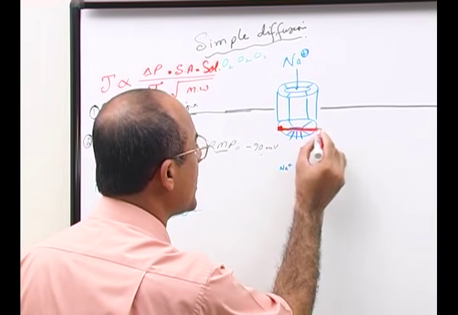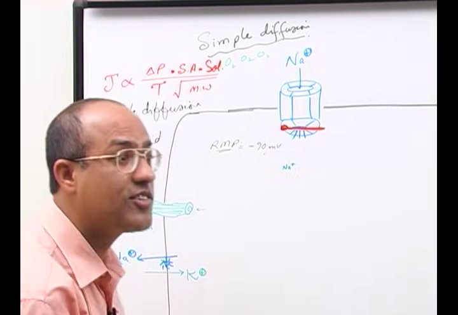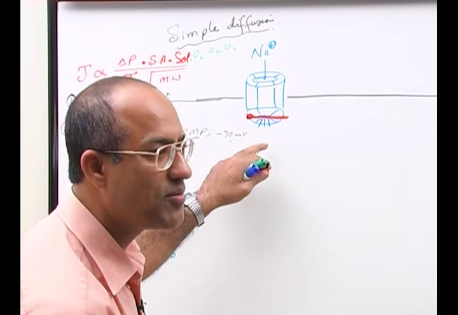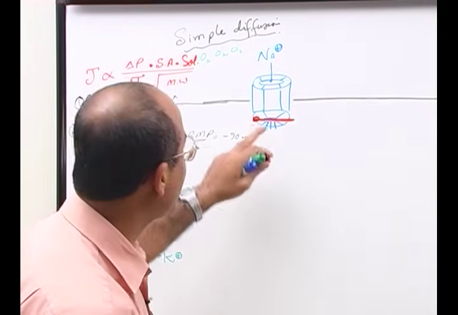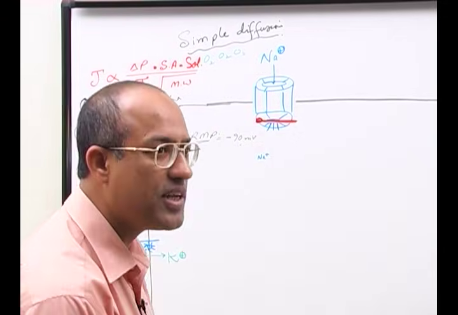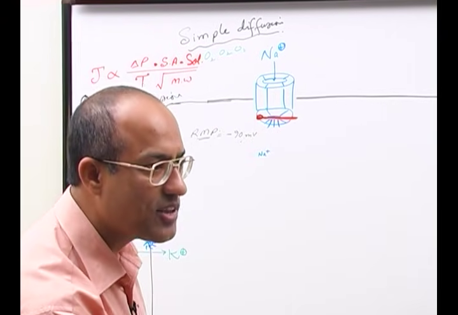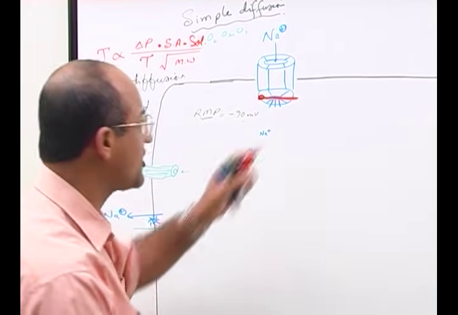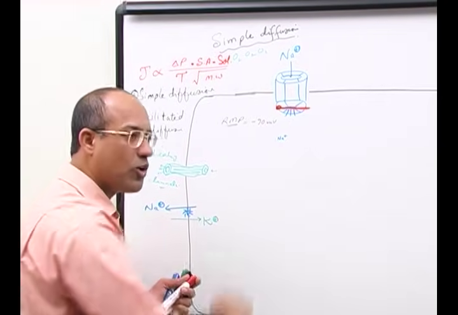They have special voltage sensitive gates. These gates are not made of iron, they are also peptides. Many sodium channels have special peptide gates, and these gates are voltage sensitive. At minus 90 they are closed.